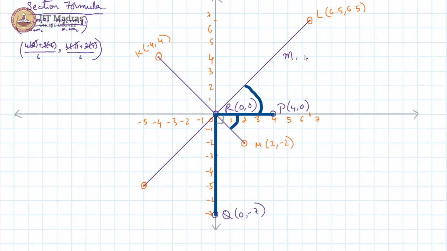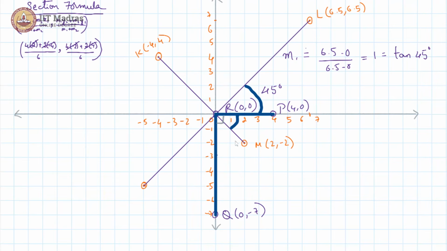This slope, if I call it M1, is equal to 6.5 minus 0 by 6.5 minus 0, which is 1, which is basically tan 45 degrees. So this angle here is 45 degrees. And now let's look at this angle here, which is PRM.